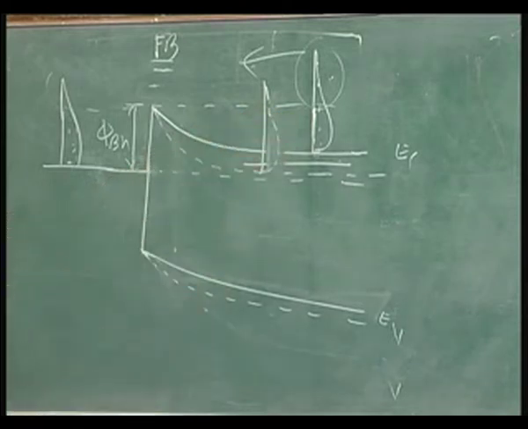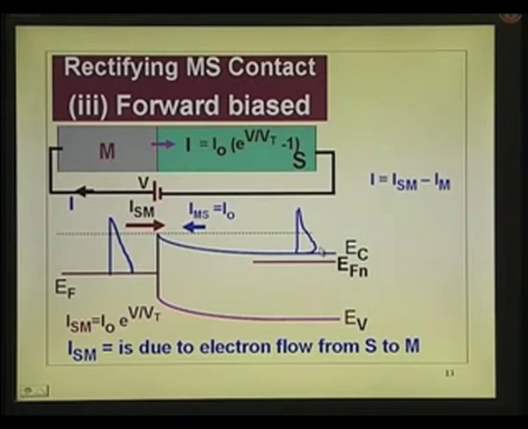So, that means you will have the current flowing from right hand side to left hand side due to the transfer of electrons from the semiconductor to the metal. I put it as ISM. The symbol ISM means the actual current flow direction due to electron transfer from semiconductor to the metal.